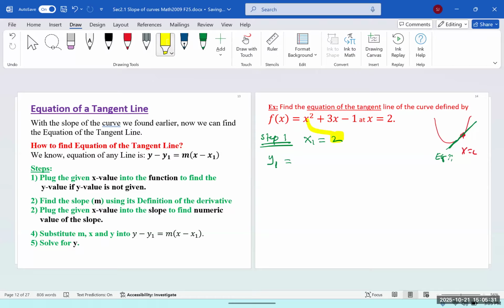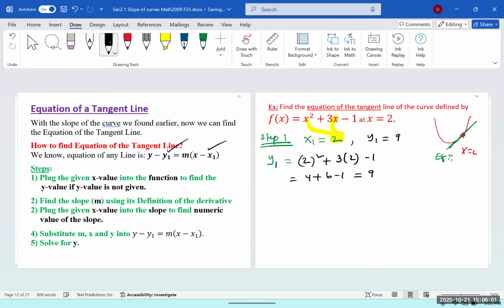Take this x1 and substitute it into the function to get the y1. So 2 squared plus 3 times 2 minus 1, which is 4 plus 6 minus 1, 9. So we found our y1 is 9.